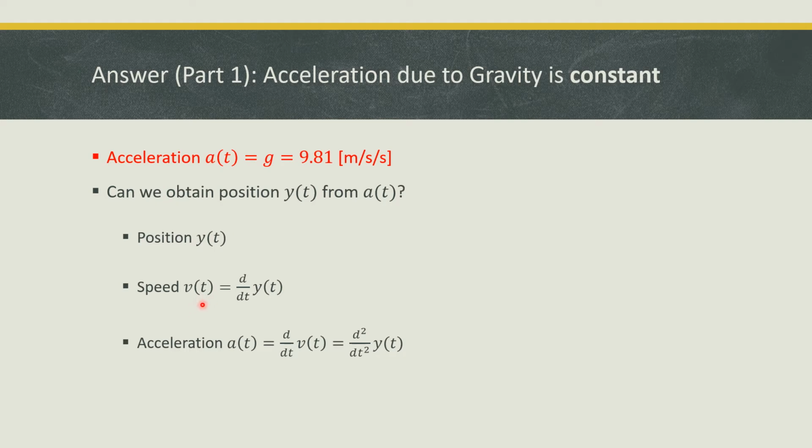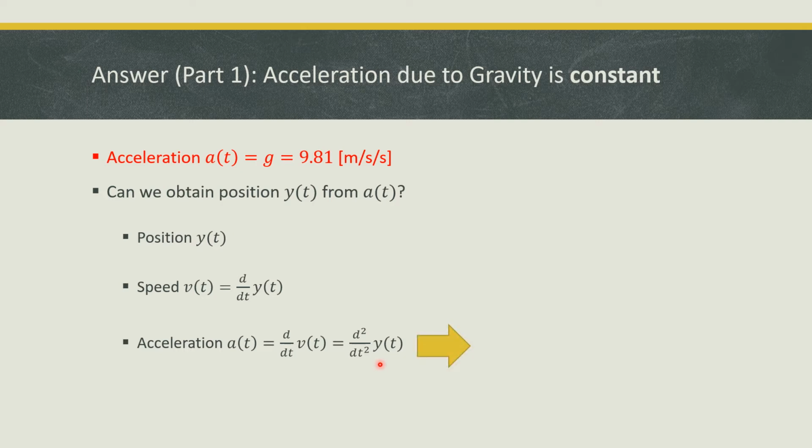So how fast is our speed changing? That is our acceleration. Because that's just the rate of change in speed, we can write it as d/dt of v of t. But v of t is itself a derivative of y of t. So if we write it in terms of y of t, it will look like this.